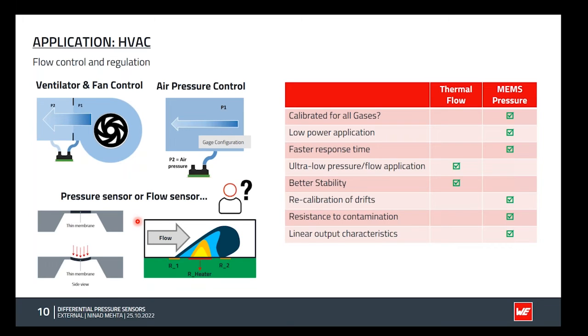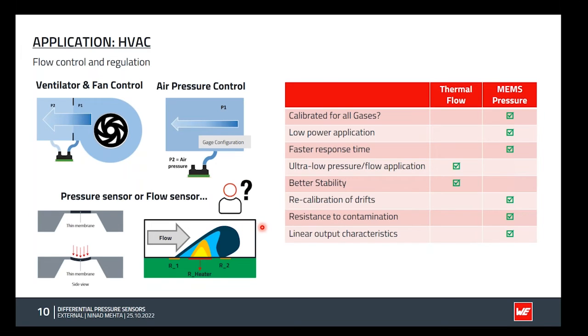But on the other hand, these flow sensors are suitable for ultra low pressure measurement, because they have very good zero pressure or zero flow stability, because there are basically no moving parts inside, and the system is not under any stress. But the flow sensors are not very resistant to contamination, because the air is flowing directly through the sensor.